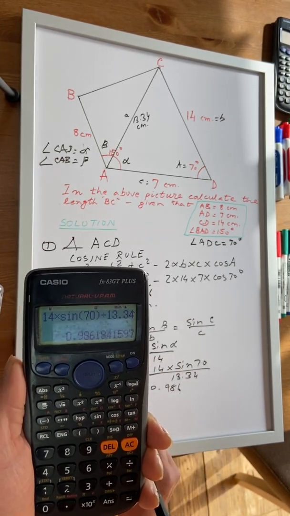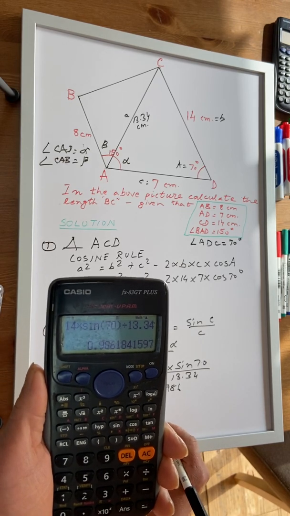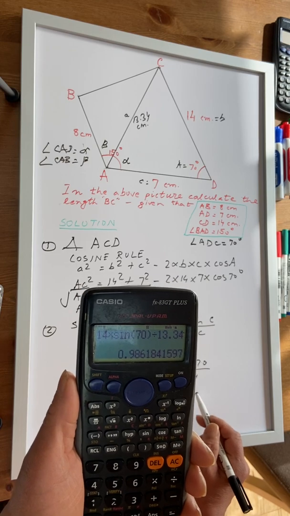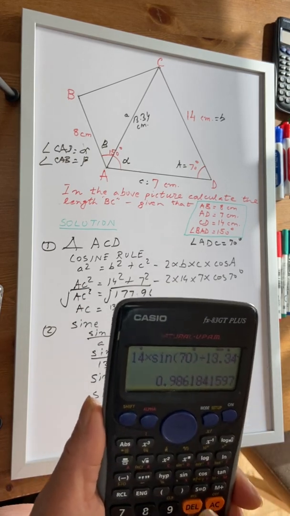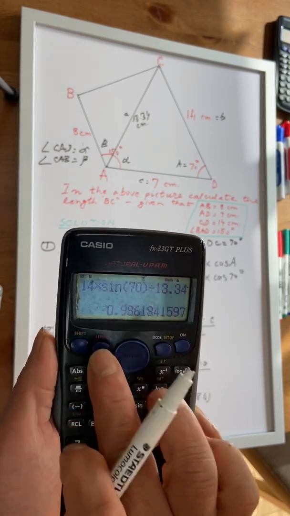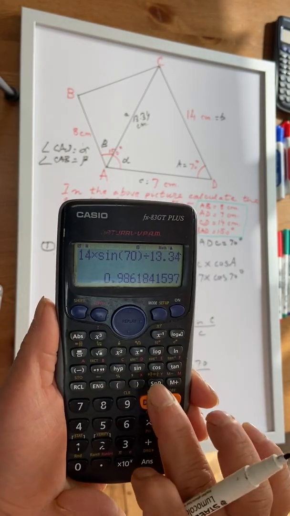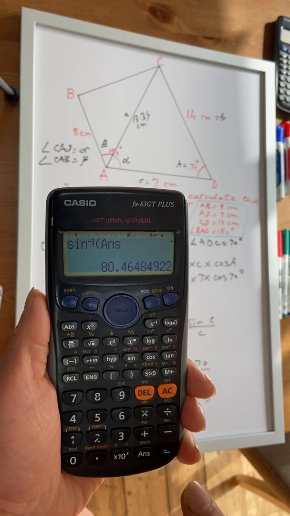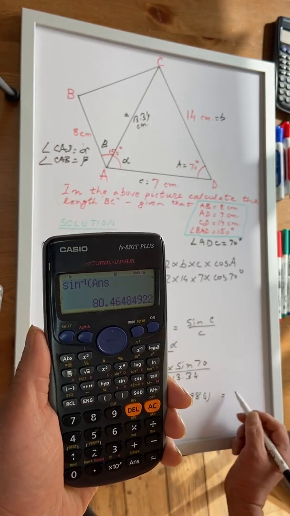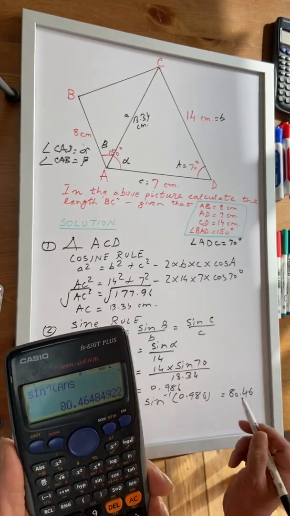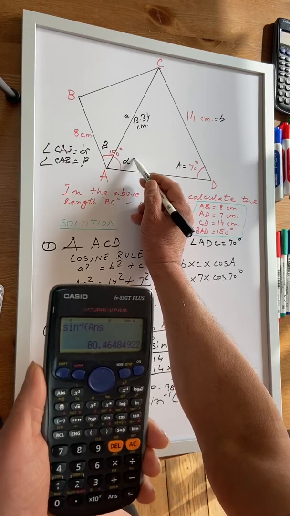Of course, in order to get alpha, I have to do sine inverse of 0.986. So let's do sine inverse. We will go to this button, shift, sine inverse, and then ANS, answer. And we get the angle equal to 80.46. So we will mark this angle as 80.46.